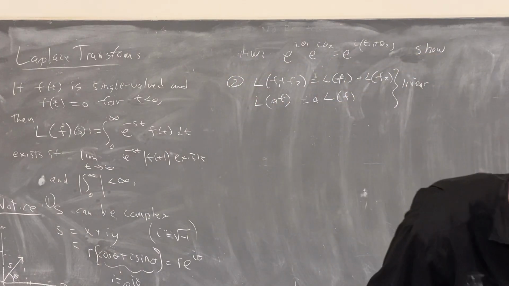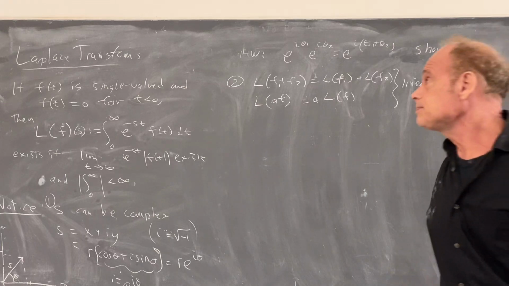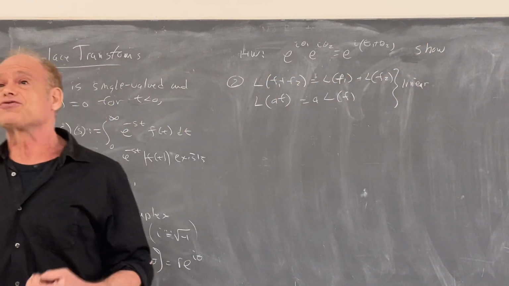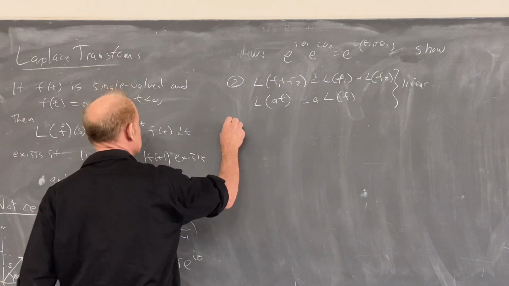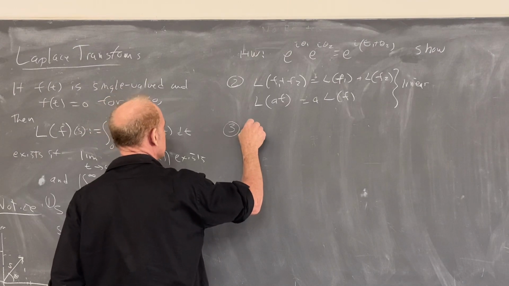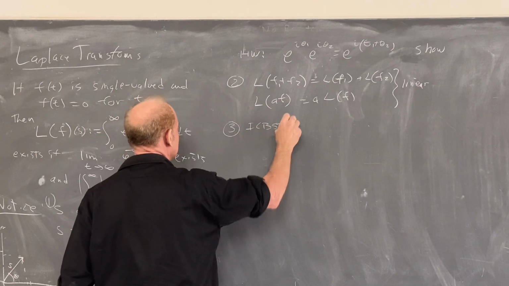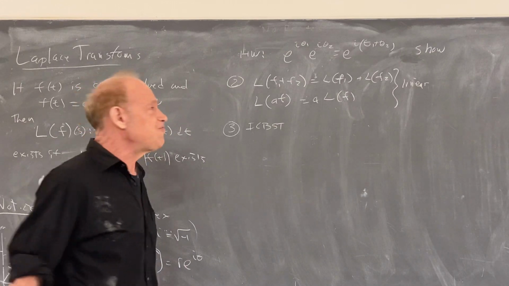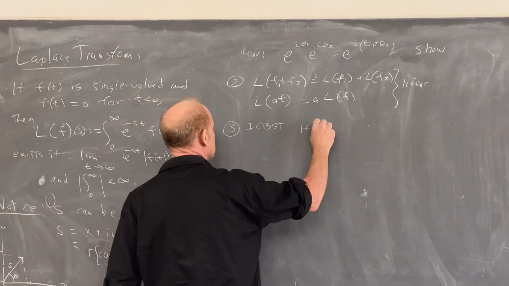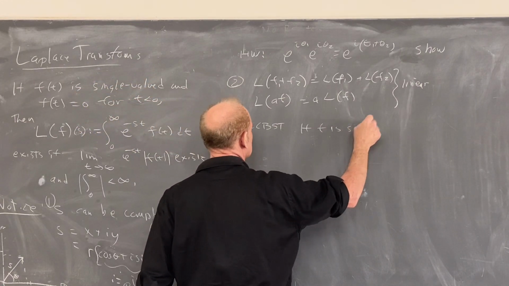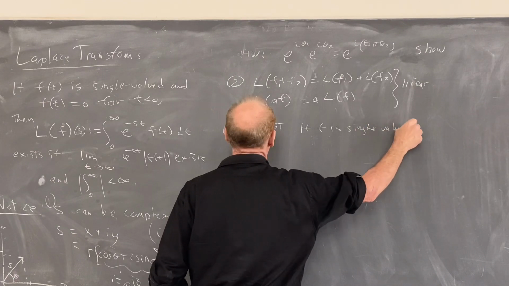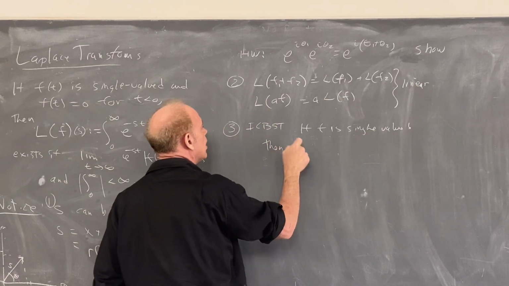So it's linear. And what makes the Laplace transform useful, and again, I'm not going to show this, it can be shown that if f is single valued, then I can invert.